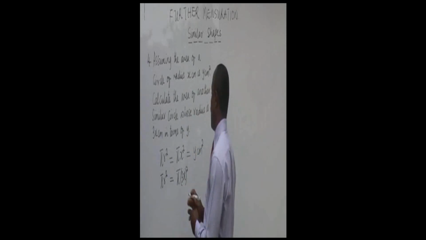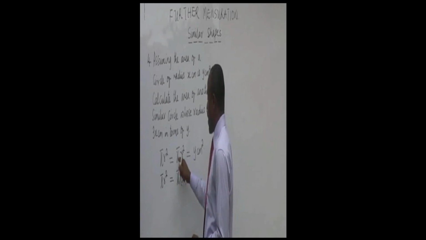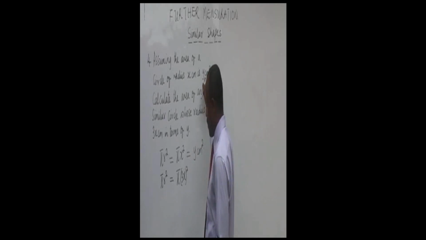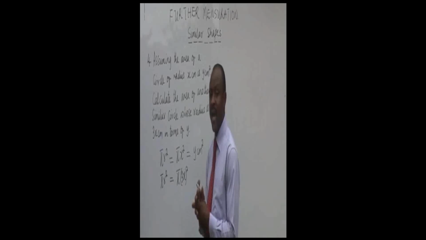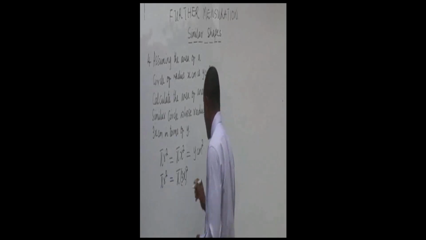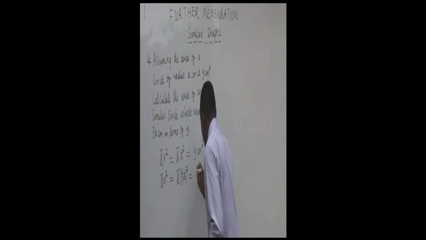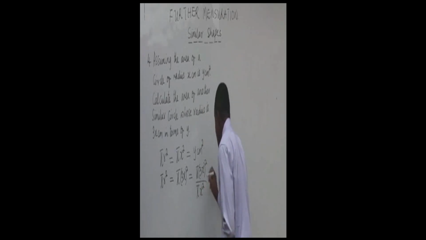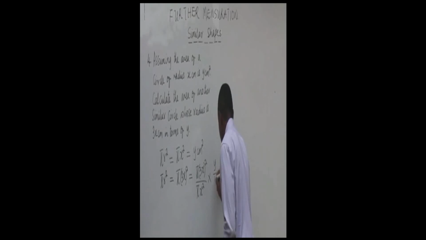And if pi x squared is equal to y cm squared, then what is pi (3x) squared? By direct proportion, it's going to be pi (3x) squared divided by pi x squared, times y all over 1.